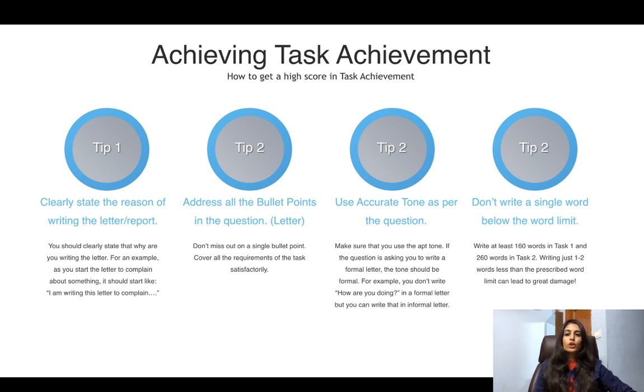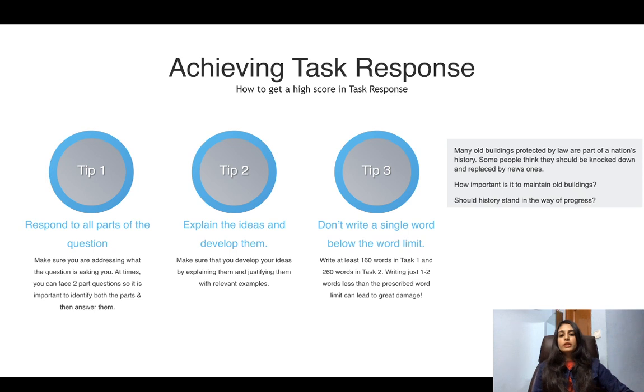Writing just 1 or 2 words lesser than the word limit would be penalized. So even if you write 1 or 2 words lesser than 250 words or 150 words in your task 1, you would be penalized. So make sure that in your task 1 you write more than 150 words, and in your task 2 you write more than 250 words.